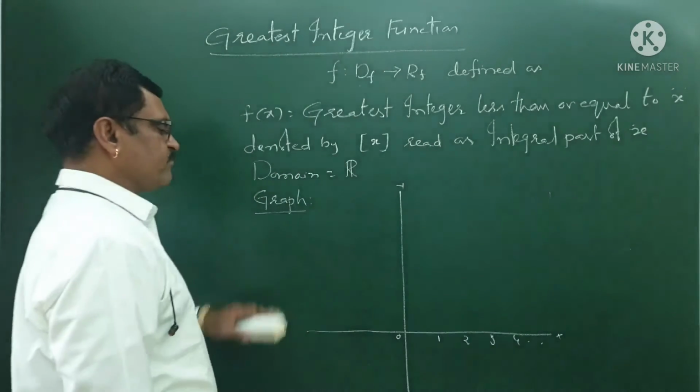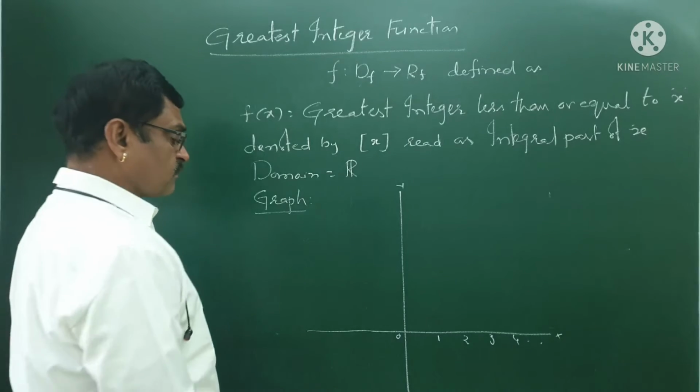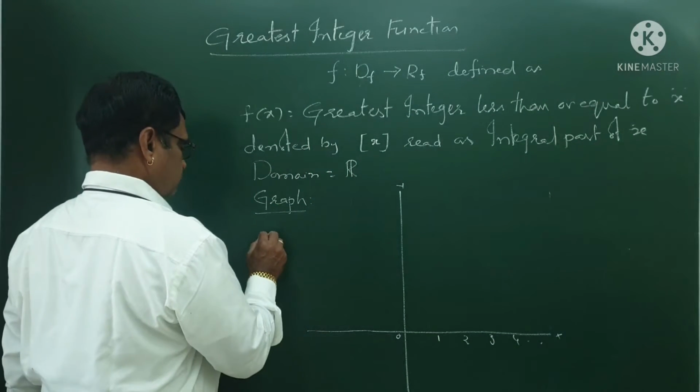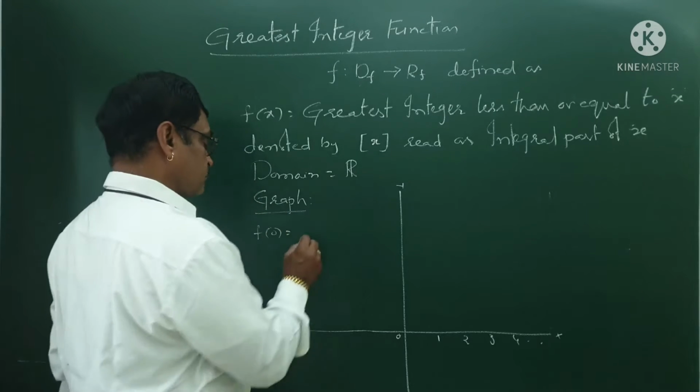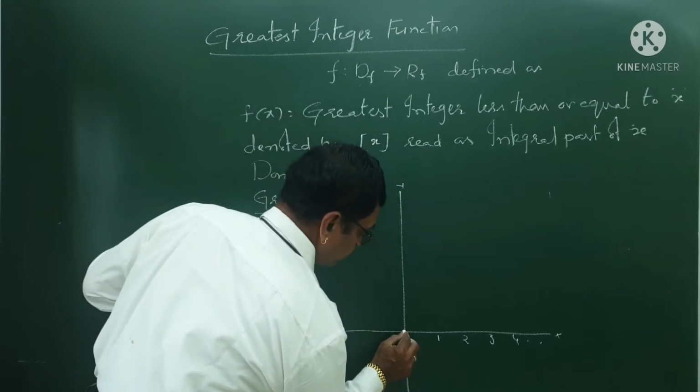I'll begin with 0. What is f of 0? f of 0 is equal to 0.